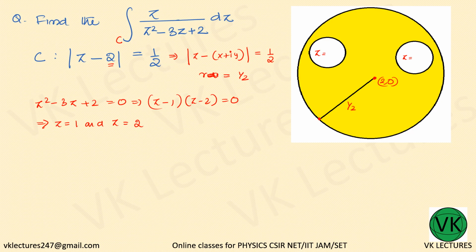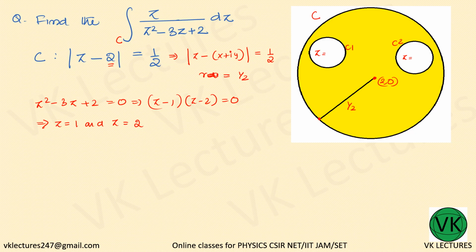Now you have the points z equal to 1 and z equal to 2. We need to know whether these points lie inside this C. This is C, this will be C1, this is C2.